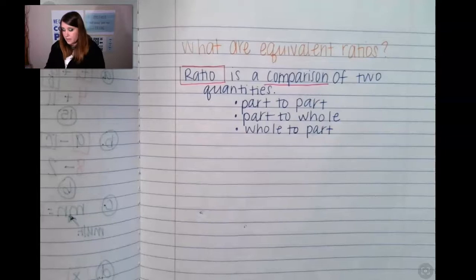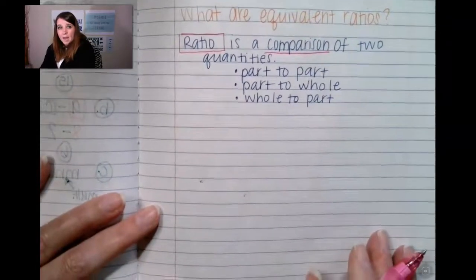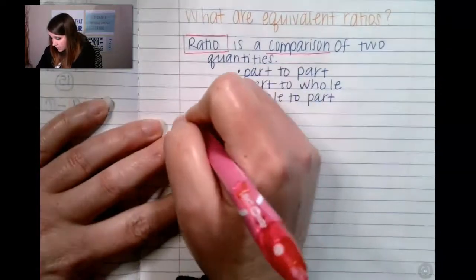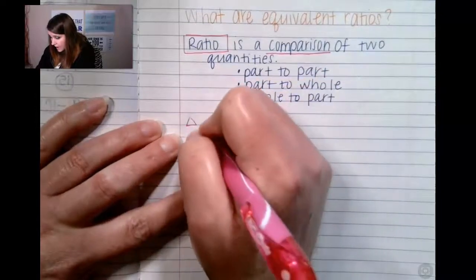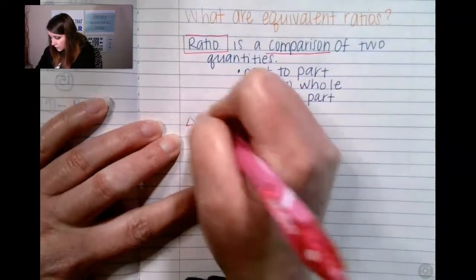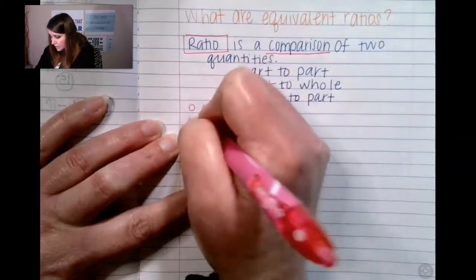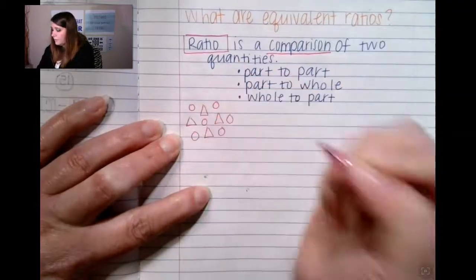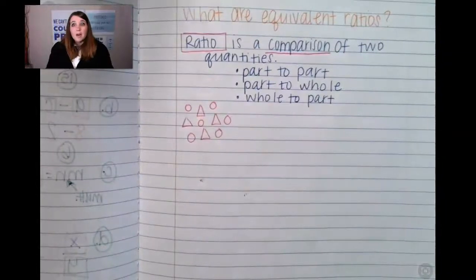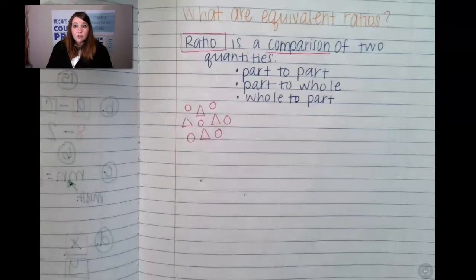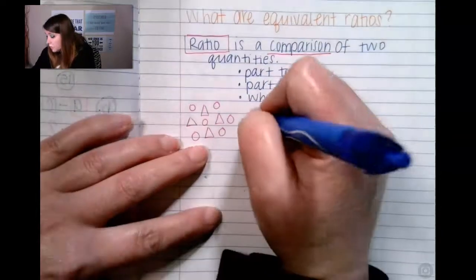Well, we could look at this like if I had triangles and circles. Let's say that I have some triangles here, and then some circles mixed in. First we would want to know a comparison of circles to triangles.